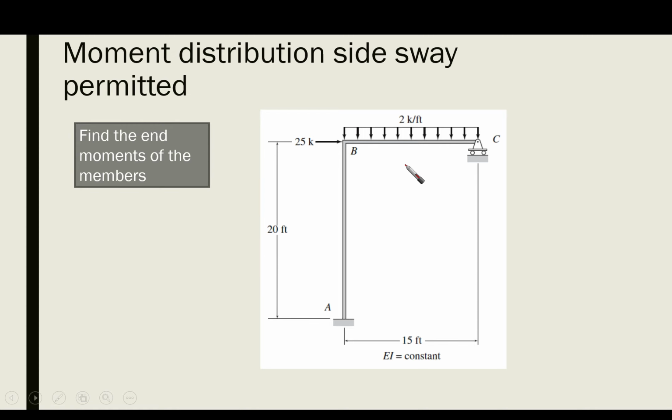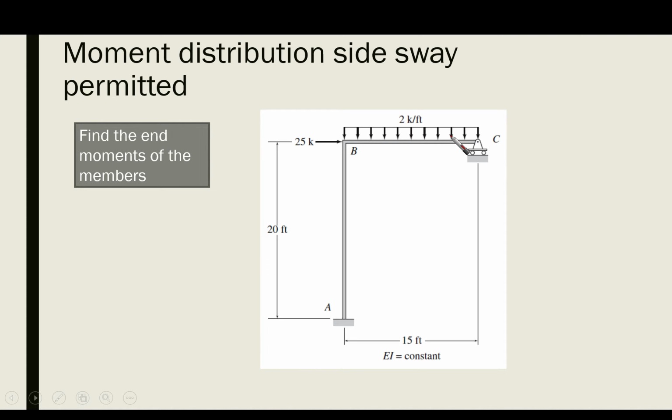and Sidesway is going to be permitted in this case. Whenever we look at the moment distribution, we think about which points are free to rotate, and based on this we choose our main point for making the balancing, carryover, and distribution factors and so on.